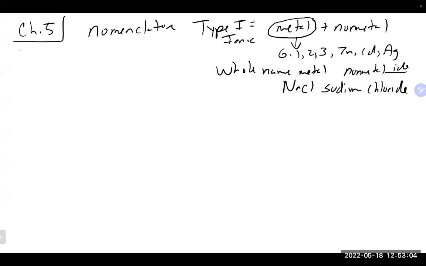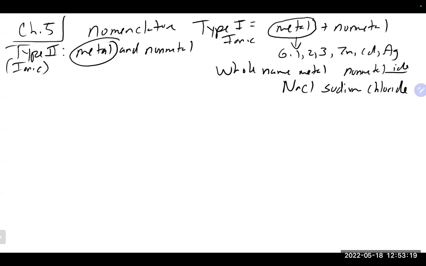Then we had type 2, also ionic, which also means a metal and non-metal. Once again, it is the metal that is most important, and that is basically going to be your transition metals, and ones just to the right of the transition metals like lead, tin, etc. These guys have variable charges, so they could form different charges depending on what they're hooked up to.